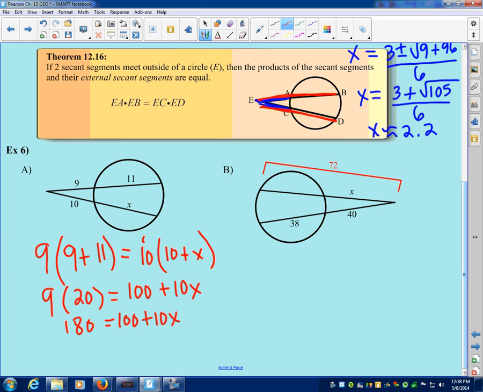Distributive property. Subtract 100 from each side. 80 equals 10x. Finally, divide by 10. So x equals 8. Does that look reasonable?